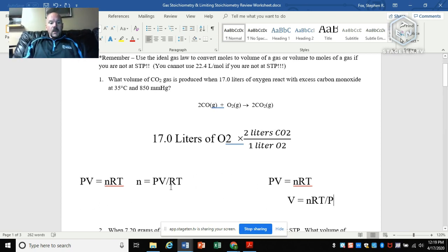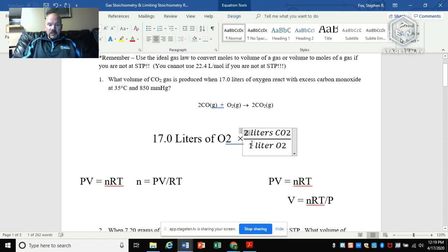Notice step two, we're dividing by R. Step four, we're multiplying by R. Step two, we're dividing by T. Step four, we're multiplying by T. Step two, we're multiplying by P. Step four, we're dividing by P. So in step two, we're multiplying by all these numbers, and in step four, we're dividing by all those same numbers, so it all cancels out, except for this ratio.